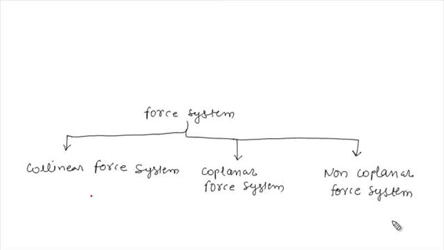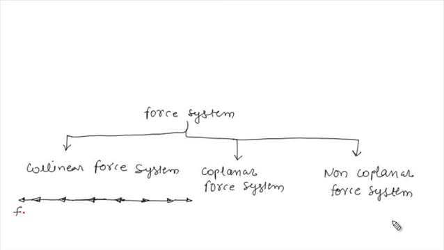If we talk about a collinear force system, the name itself defines it: the line of action of all the forces will be passing through the same line. That is called collinear force.